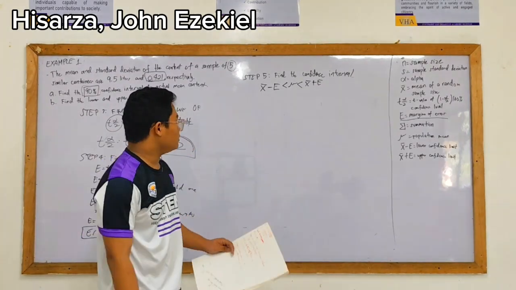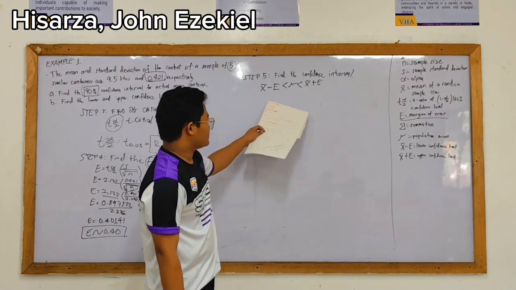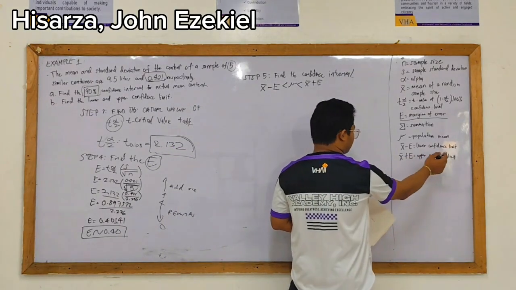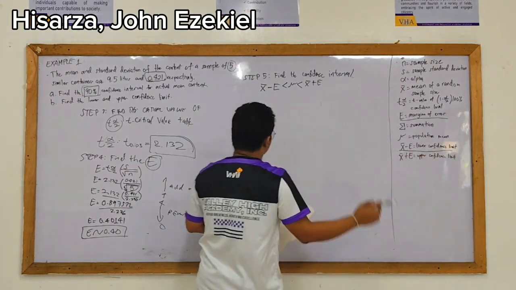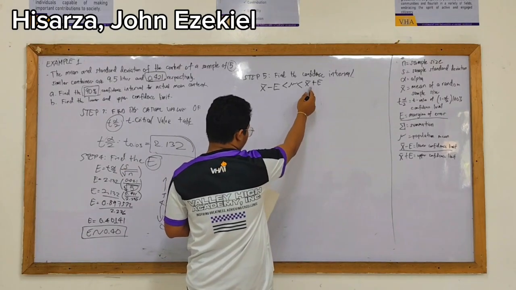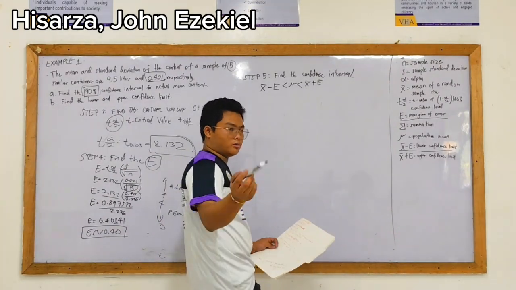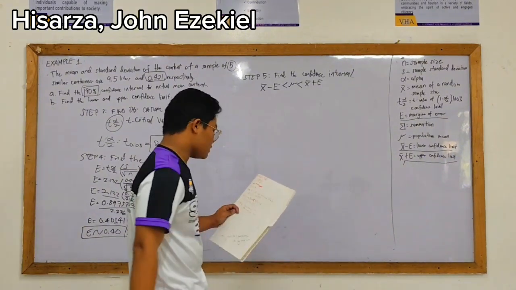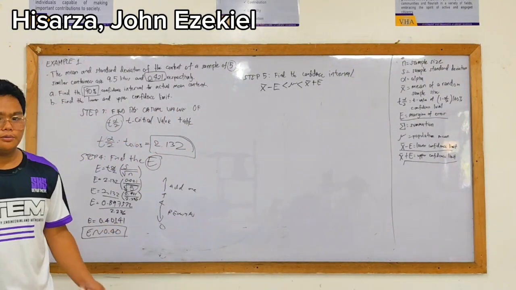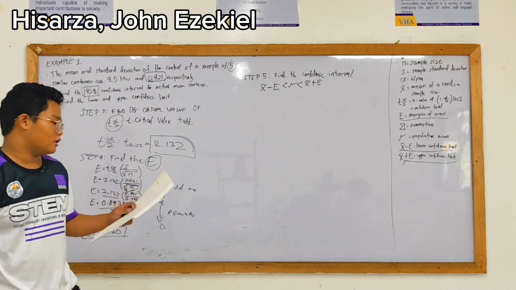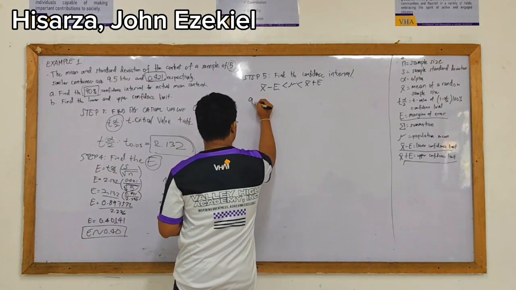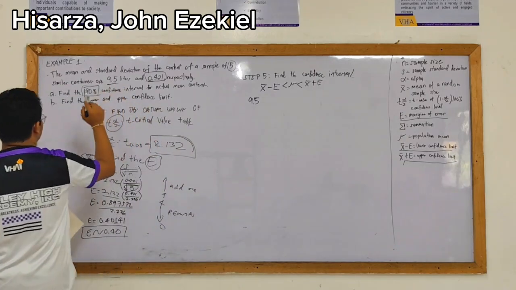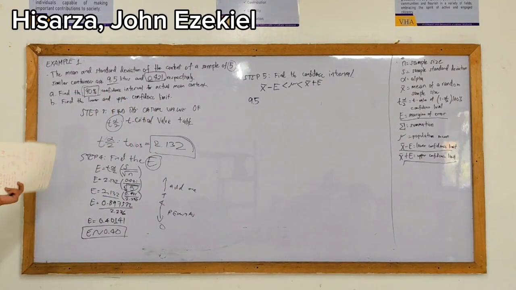So the mean minus the margin of error is equal to the lower confidence limit. And the other side is where the mean plus the margin of error is equal to the upper confidence limit. As you can see, we're just going to transfer the values, which is 9.5 liters.